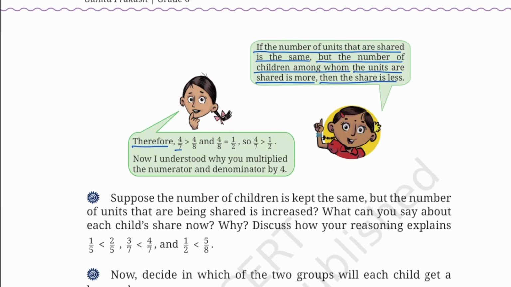Therefore, 4 upon 7 is greater than 4 upon 8 and 4 upon 8 is equal to 1 upon 2. So, 4 upon 7 is greater than 1 upon 2. Now, I understood why you multiplied the numerator and denominator by 4. Another way of doing that is, if you have to compare 1 upon 2 and 4 upon 7, just make the denominator equal.